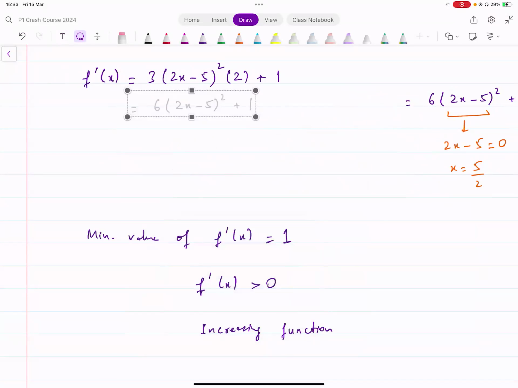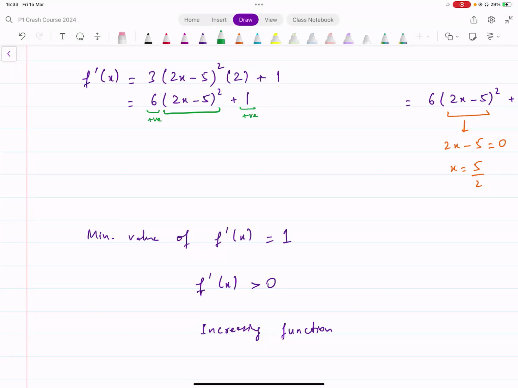that you just argue by looking at this expression. How do you do that? 6 is a positive number. 1 is a positive number. This part is a square, right? A square can never be negative.